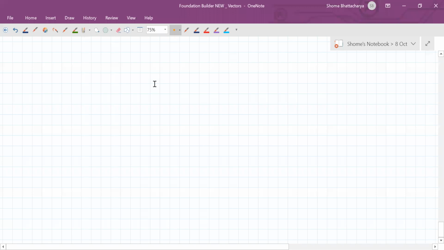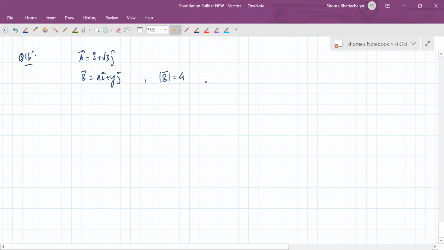Okay, now question 15 is saying that you have a given vector A, which is i cap plus root 3 j cap, and another vector B which has components x and y, such that magnitude of the vector B is 4.